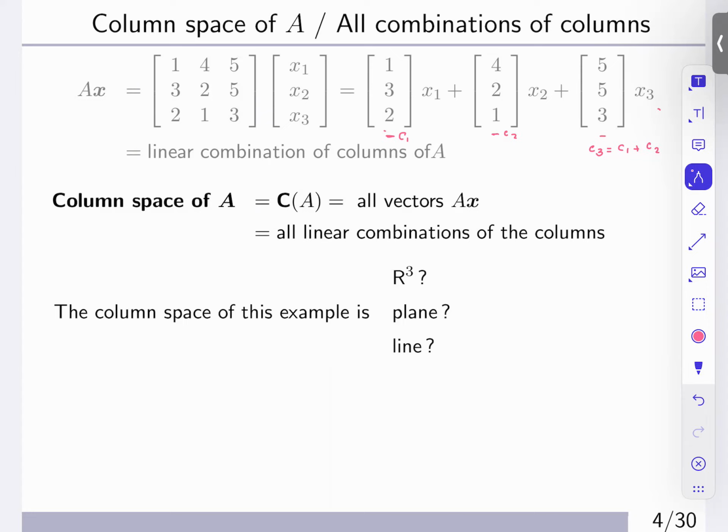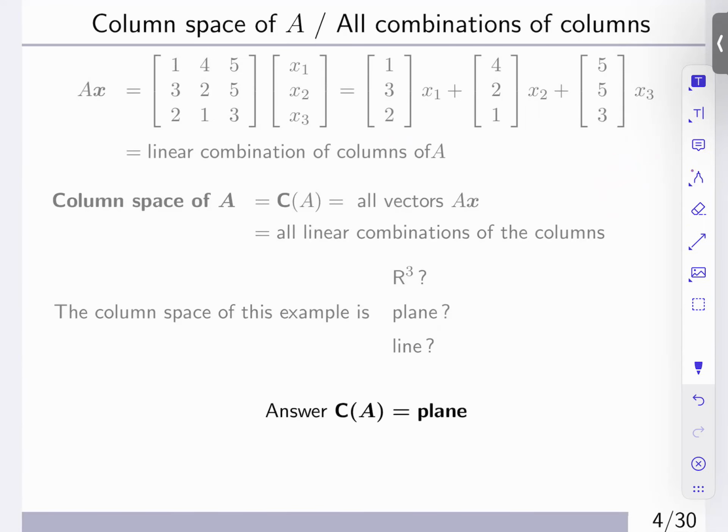If I were to plot the first vector, the second vector, and now decide to plot the third vector, it will be in the plane that is spanned by these two vectors. Everyone understood this? So the column space of this matrix is 2, and it's a plane.